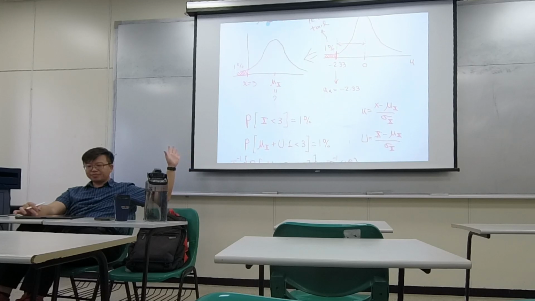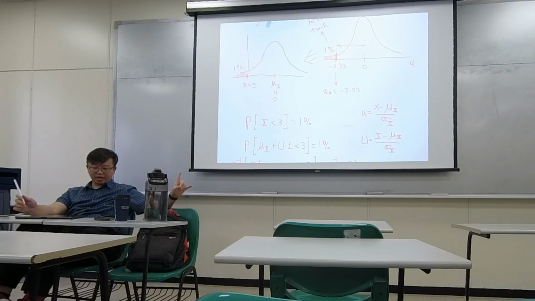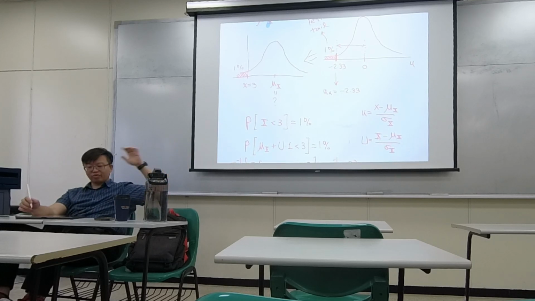Let's say right at the 1% case, for the left-hand side, the probability of random variable x smaller than 3 equals exactly 1%.